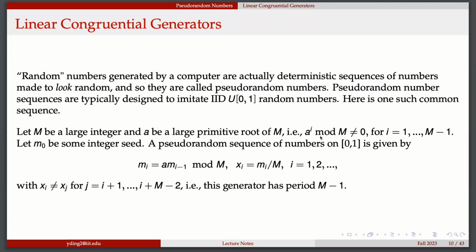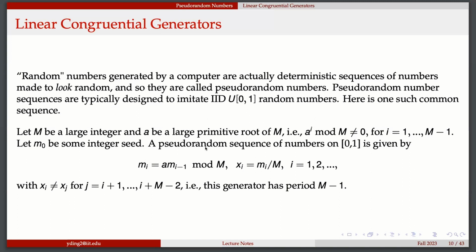What that means is you take all the powers of a modulo m, and you will never get 0. For that, most of the time you can choose this big M as a large prime number. And then m naught is your integer seed.